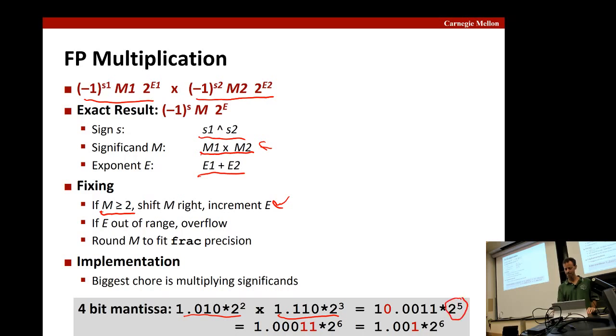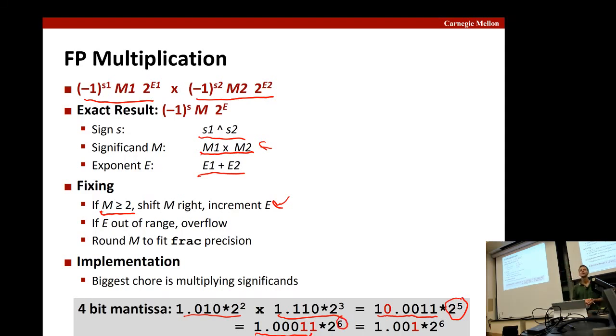And we take the product of 1.010 and 1.110, and you could do that quickly if you wanted, and you confirm that the answer is 10.0011. Okay, so that's the exact result. Now we have to fix it up. Since the significand is now bigger than 2, we shift this to the right, and we add 1 to that exponent.